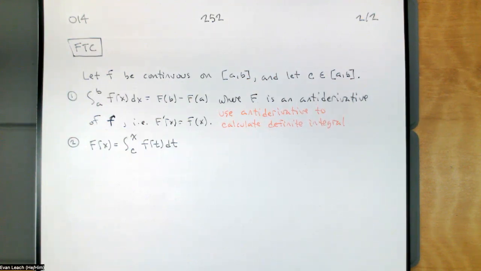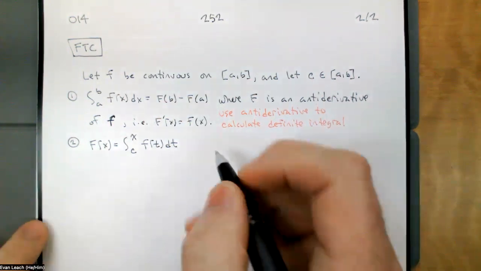Enter the second part of the fundamental theorem of calculus, which says capital F of x, defined to be the definite integral from c to x of f of t dt, is an antiderivative of little f.